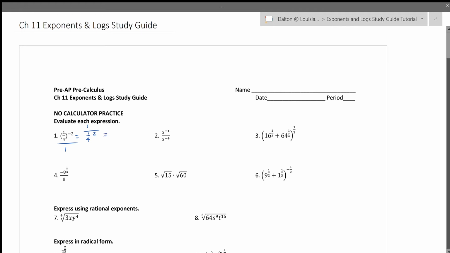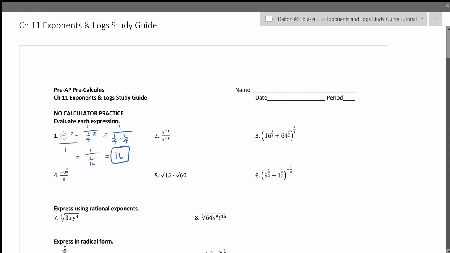That's going to equal 1 over 1/4 squared, which is 1/4 times 1/4, right? Then we multiply fractions straight across, so this would equal 1 over 1/16. And then 1 divided by 1/16, anytime you have 1 over something, that means take the reciprocal of that number. The reciprocal of 1 over 16 is 16.